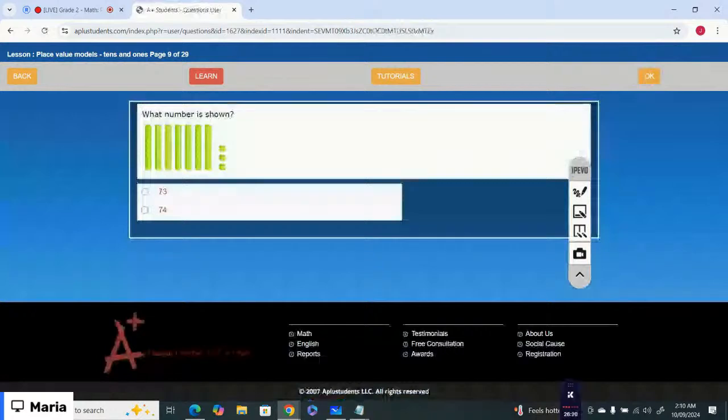Which number is shown? Which is the correct option? That is 73. The model represents 73, right?